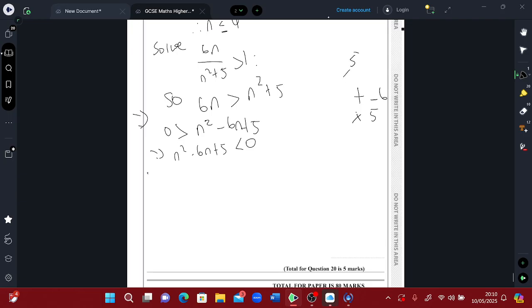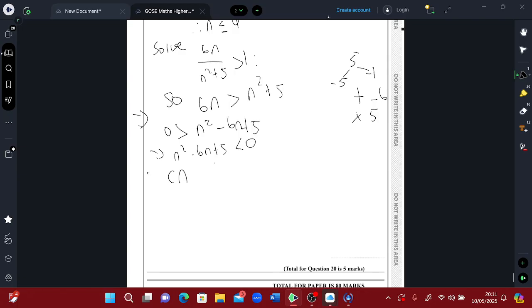That's obviously 5 and 1. Well, yes, because you can treat it as minus 5 and minus 1. So if we have minus 5 and minus 1, add them to get minus 6, times them, it'll still be 5 because times two minus numbers, you get a positive. Which means we can factorize, right?